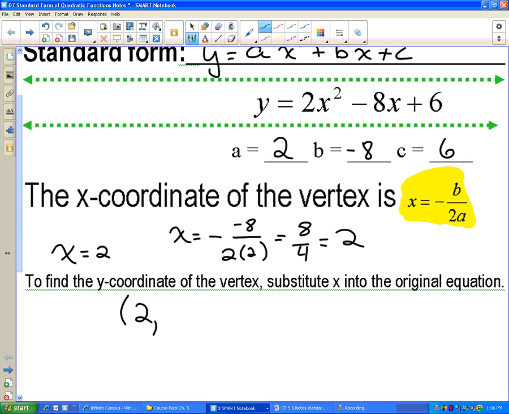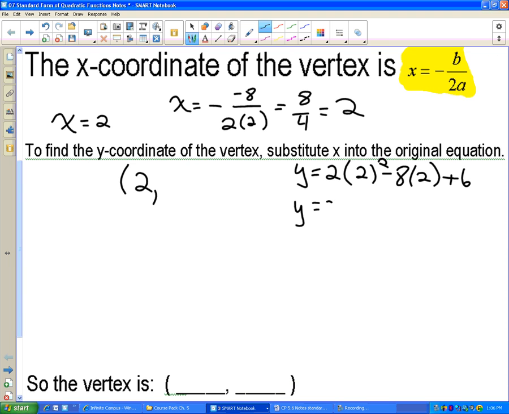And now I need to find my y coordinate of my vertex. I'm going to plug it back into my original equation. y is equal to 2 times 2 squared minus 8 times 2, plus 6.